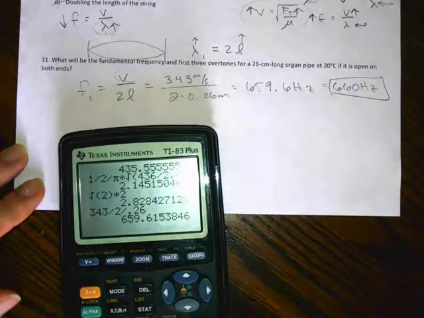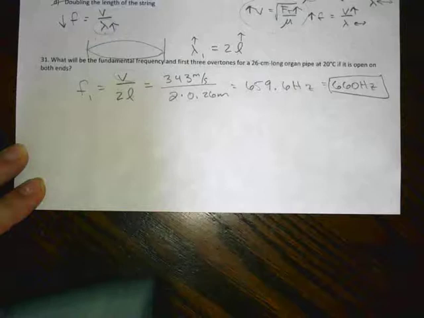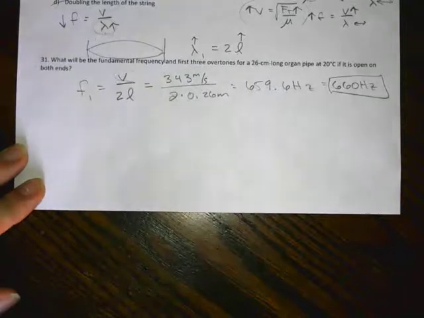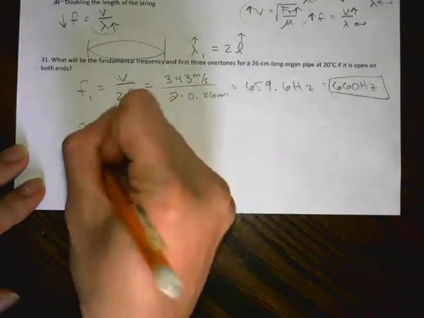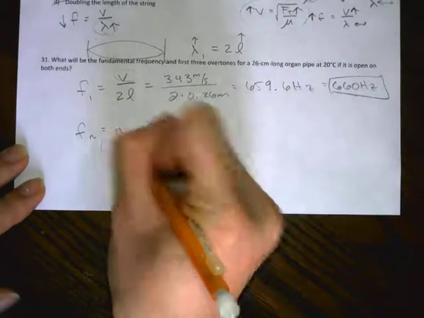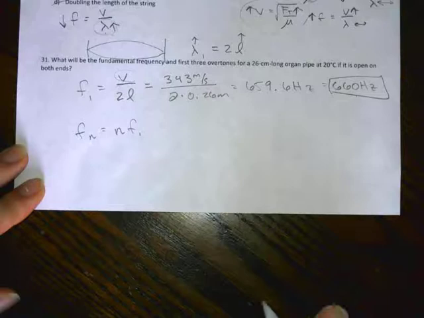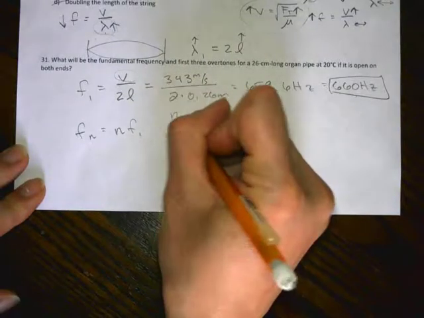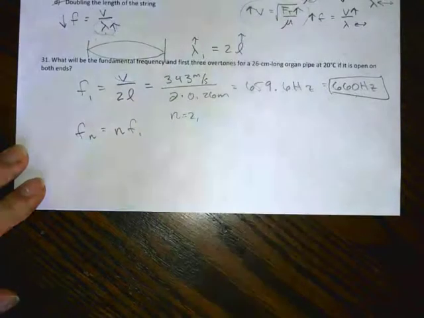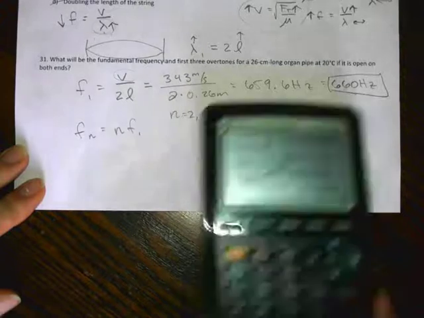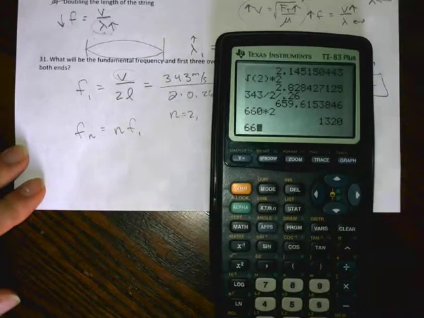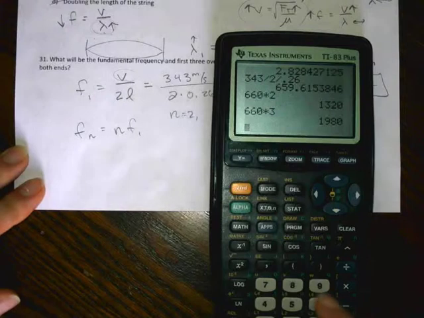All right, so this is just a typical wave, so all of the overtones will be integer multiples of that. The next overtones are just n times whatever the initial one was. So for n equals 2, that would be the first overtone, which would be 1320. For n equals 3, we'd have 1980.